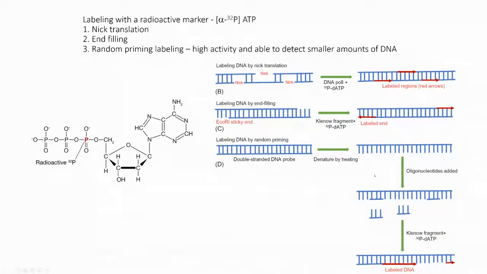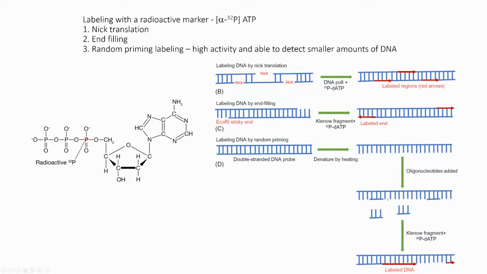Another one is random priming. Basically you have a lot of random hexamers. After you denature the double-stranded probe, you hybridize it with these random hexamers, and they will bind.